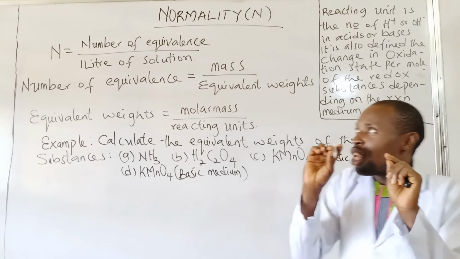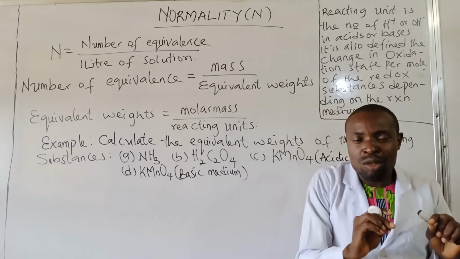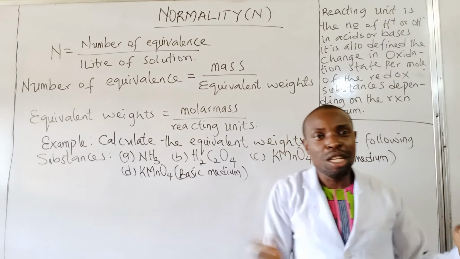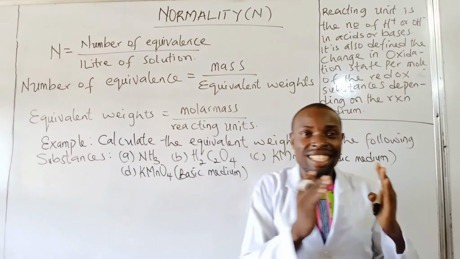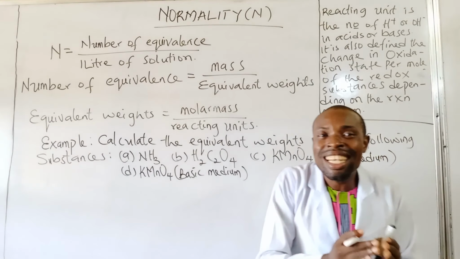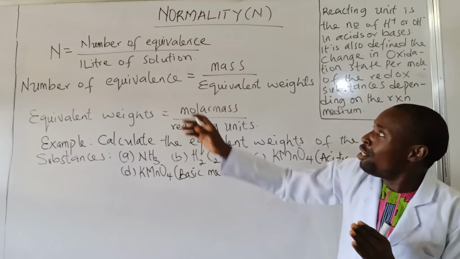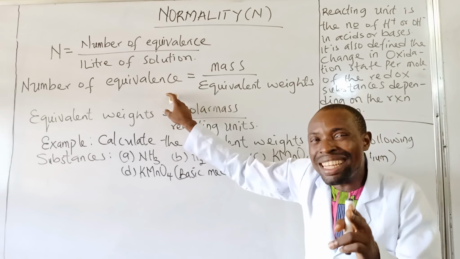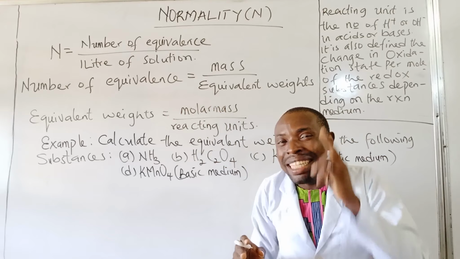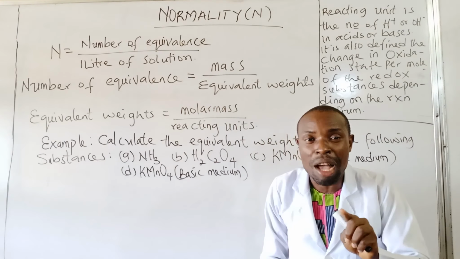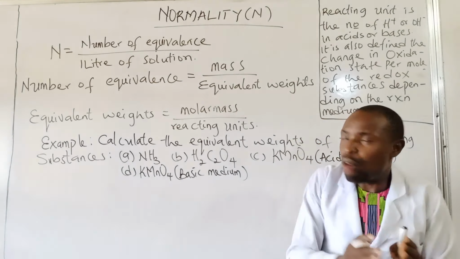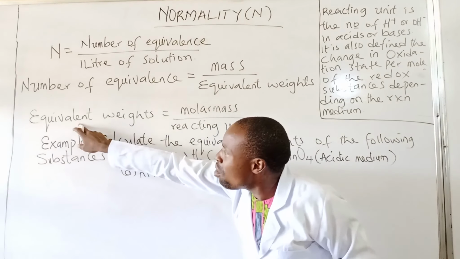Now, before I make progress, we should understand that there's a relationship between molarity and normality, in the sense that normality is equal to the number of equivalents multiplied by the molarity. It will give us our normality.